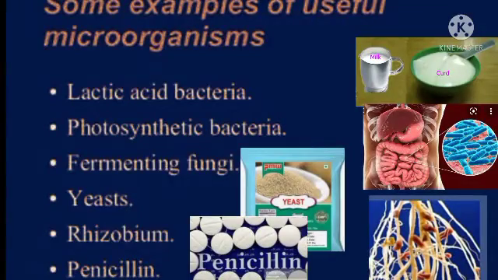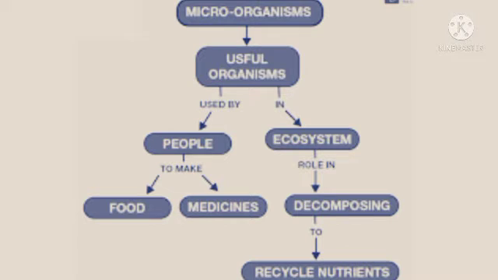Some examples of useful microorganisms: lactic acid bacteria, photosynthetic bacteria, fermenting fungi, yeast, rhizobium, penicillin. These are the useful microorganisms. They are used by people to make food, aid digestion and prepare medicines. They are used in the ecosystem.